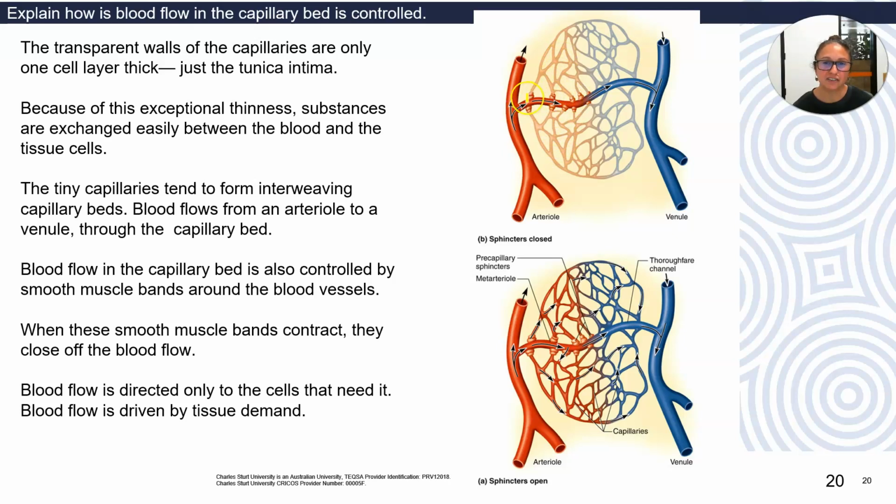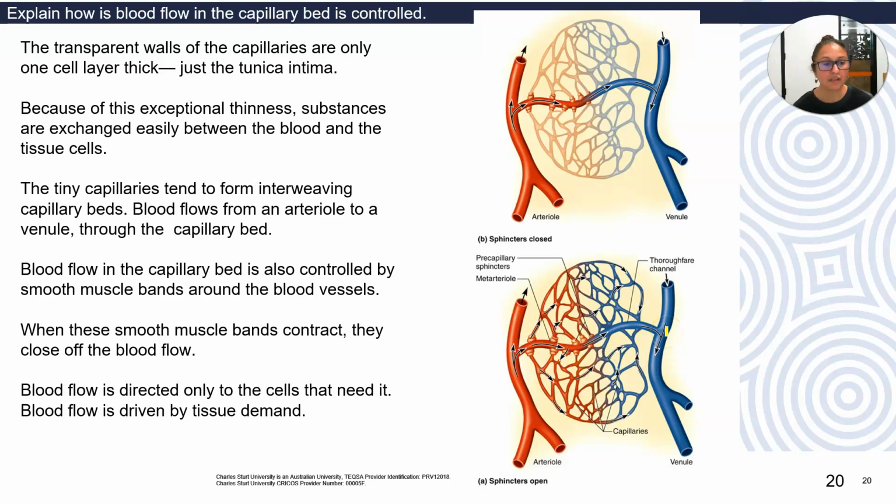When these smooth muscle bands shut off the side streets, traffic can only go through this main road. When these smooth muscle bands are relaxed, then traffic can go all through these side streets and all through the entire capillary bed and not just through the main road.